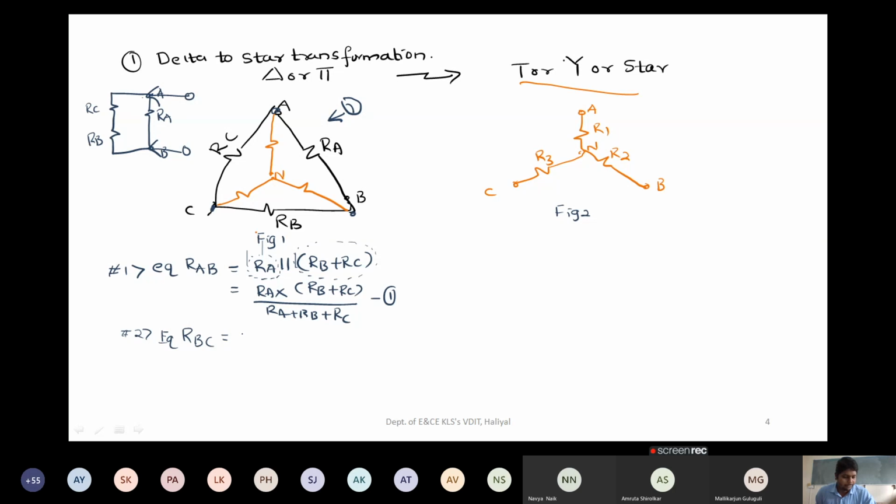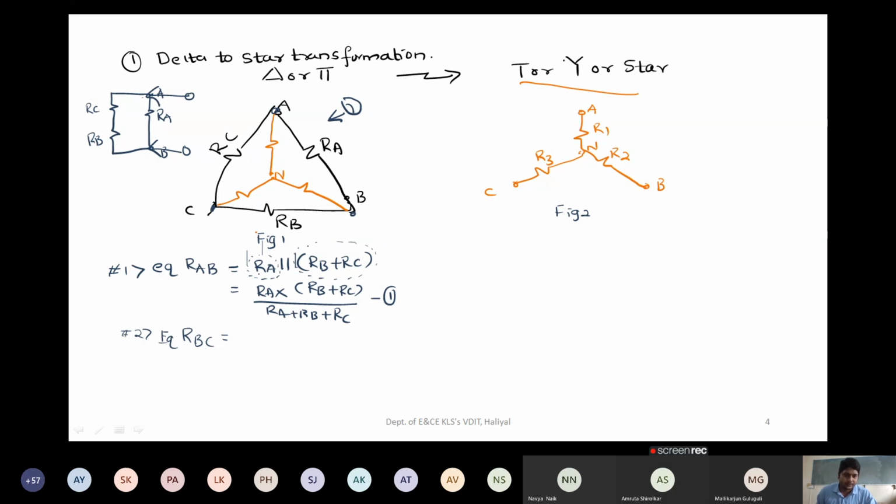RB parallel to RA plus RC. Yes, correct.